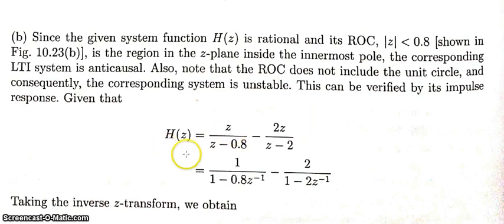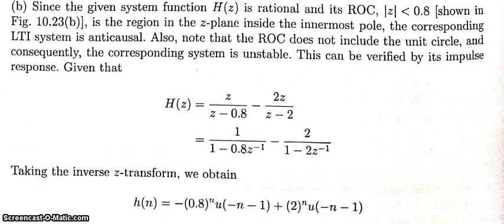And H of z we have obtained by partial fraction expansion in this form, and on expressing in proper standard form we have this H of z. And by considering the given ROC, we can take the inverse, and we know since ROC is inside the innermost pole, the given system is anti-causal.